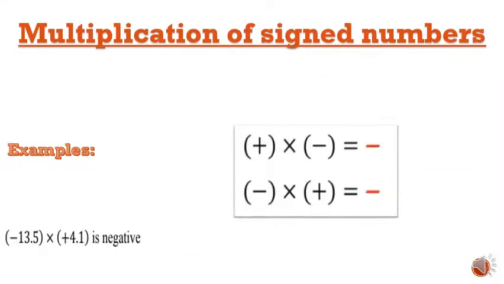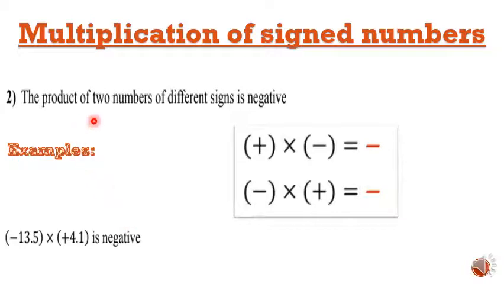The second case is the product of two numbers of different signs is always negative. We said that if I have different signs, plus times minus or minus times plus, the answer is negative. Why? Because the minus will change the sign of the second number, so it will be negative.